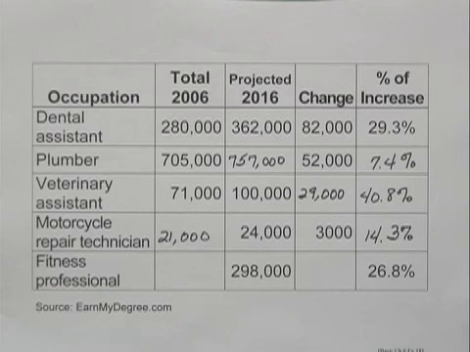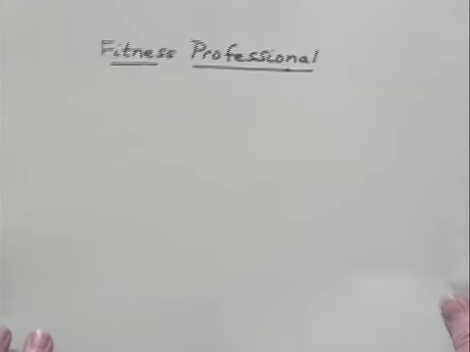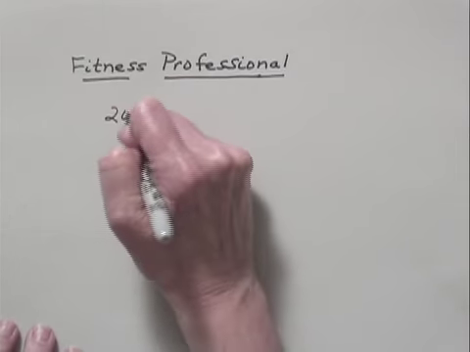Now let's look at the fitness professional. We will let N be the number of jobs in 2006. That's the first thing we want to find here. So let's start with N, the 2006 number.